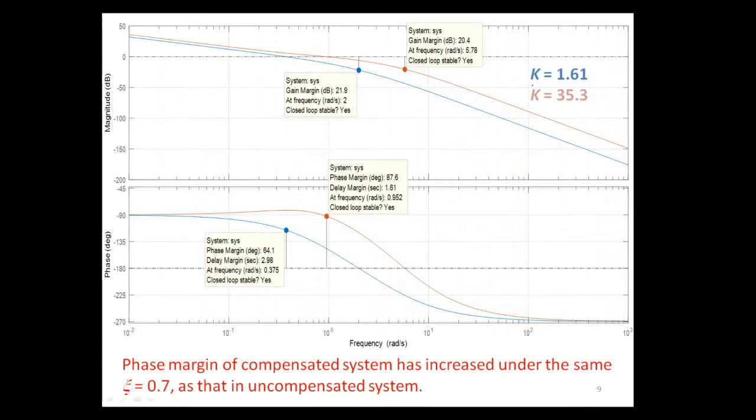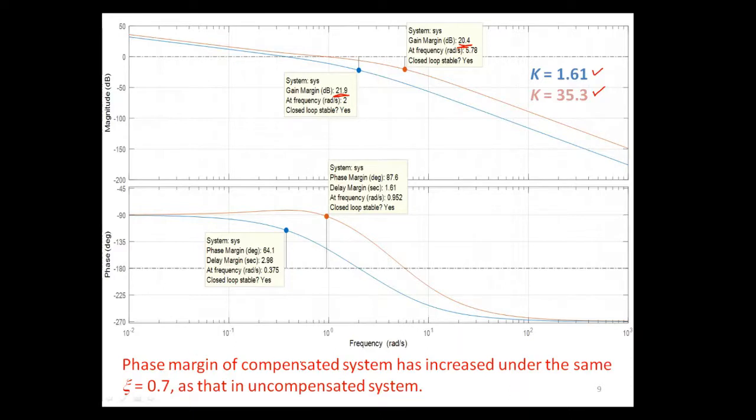By applying the system gain K equals 1.61 for the uncompensated system and K equals 35.3 for the compensated system, we obtain the Bode plots of the two systems as shown over here. For the gain margin, you may see that there is not much change between them, 20.4 and 21.9.